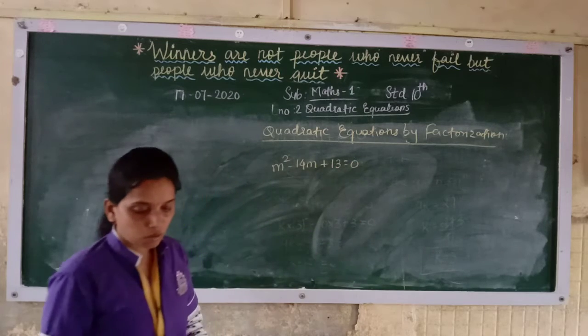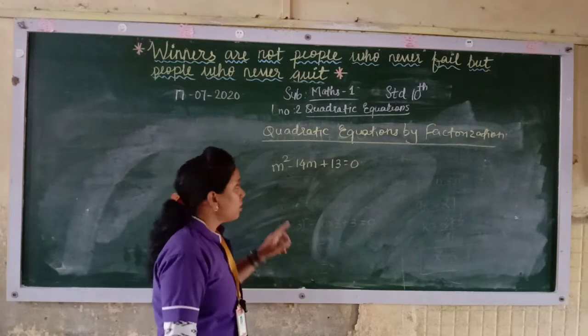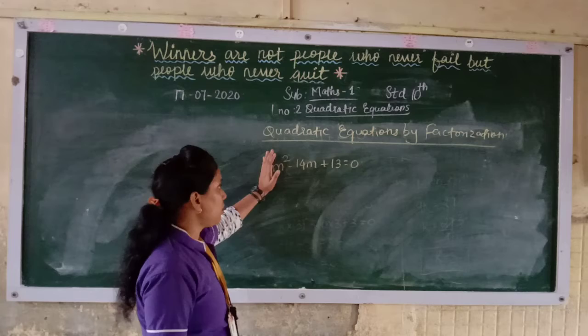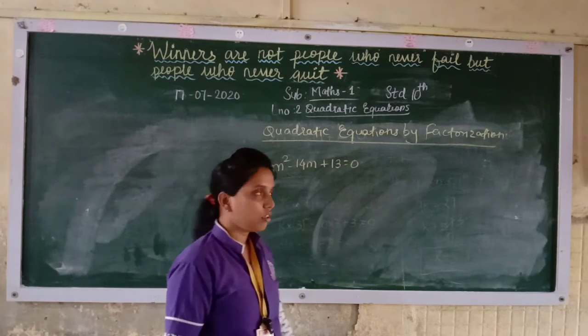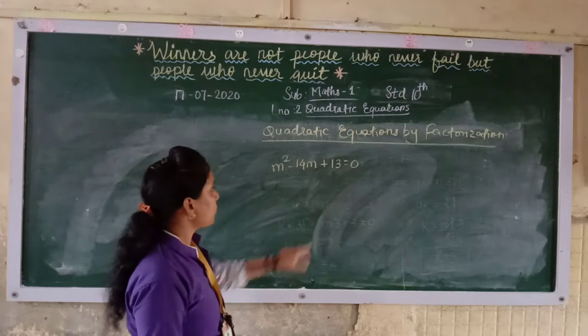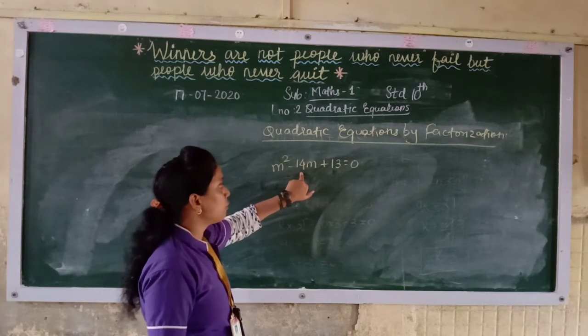Now in this case, what will you do first? First you have to see n square. See its coefficient. It should always be 1. If it is 1, then you can proceed further. Now it is 1, so you will see the last term over here. That is 13. Middle term is minus 14.